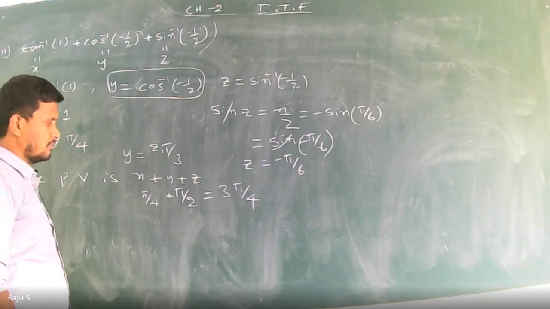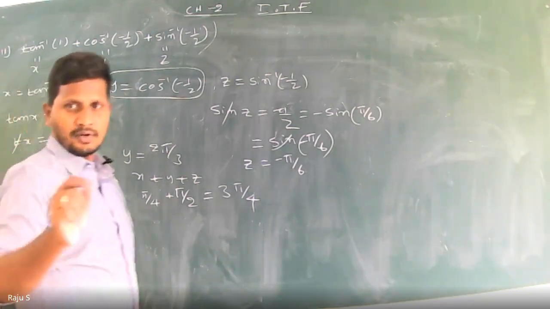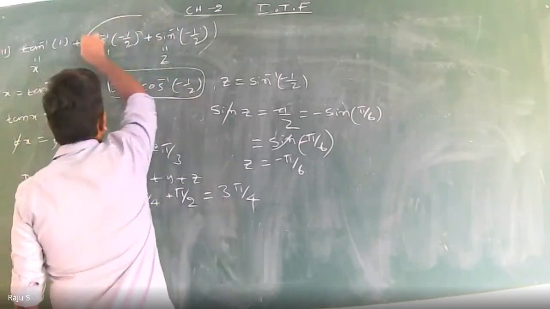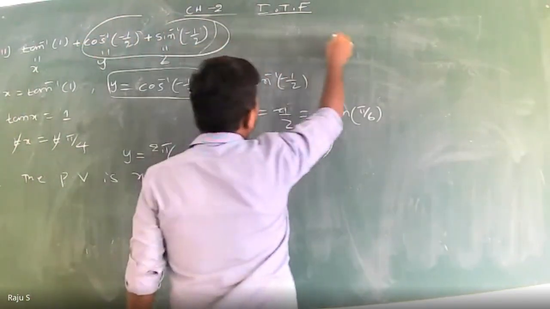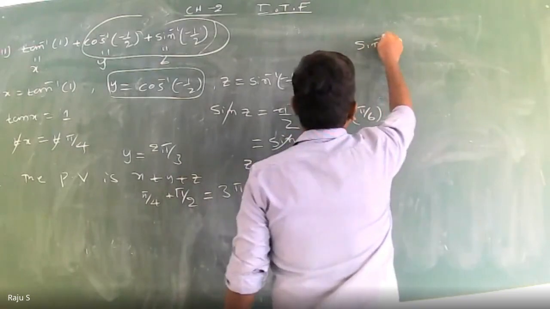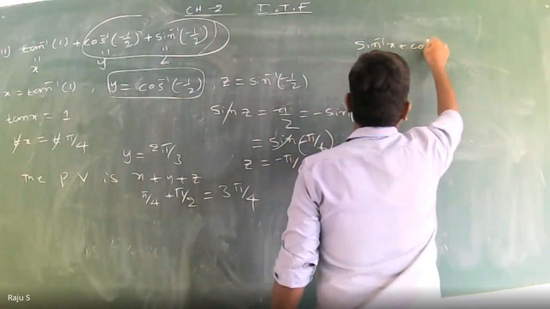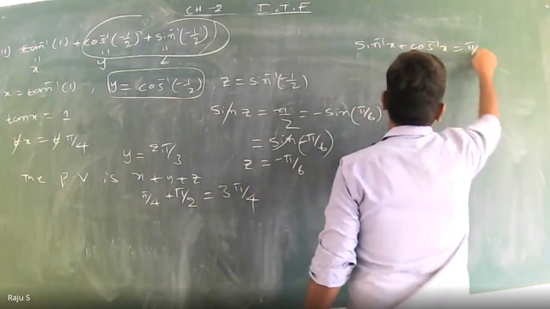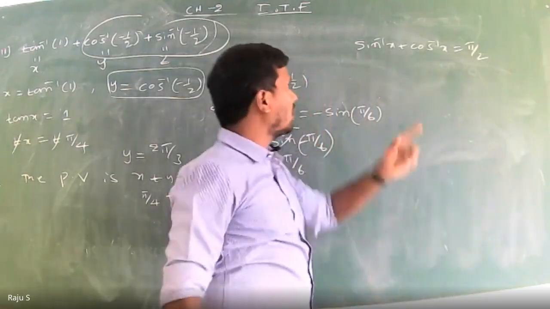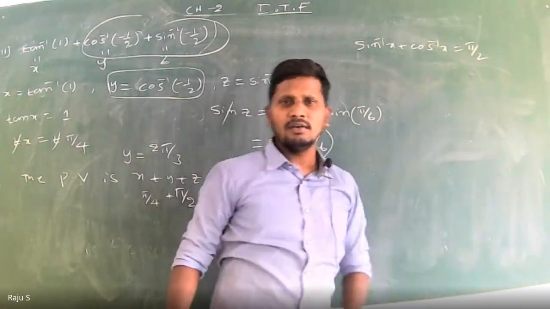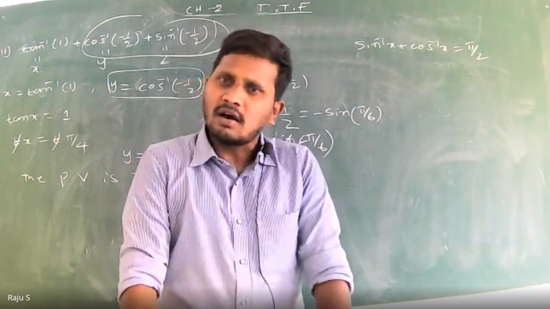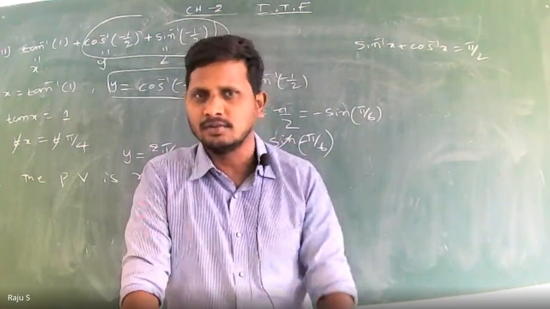3 pi by 4. Anyhow, you have to remember, actually this is a formula. I'll give all the formulas here. Sin inverse x plus cos inverse x is always equal to pi by 2, whatever the value of x. So sin inverse plus cos inverse is always equal to pi by 2, 90.